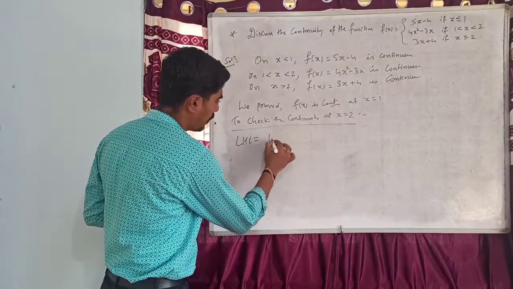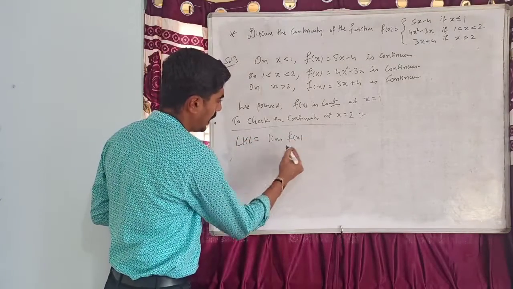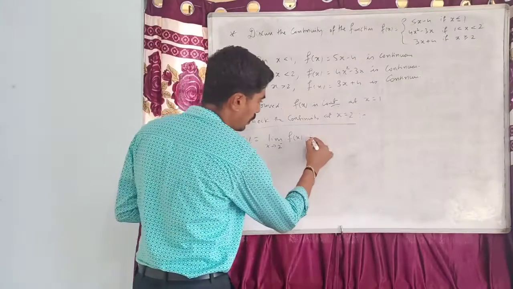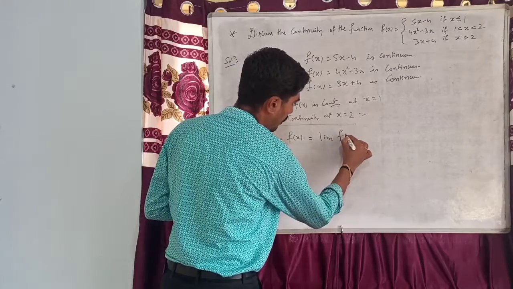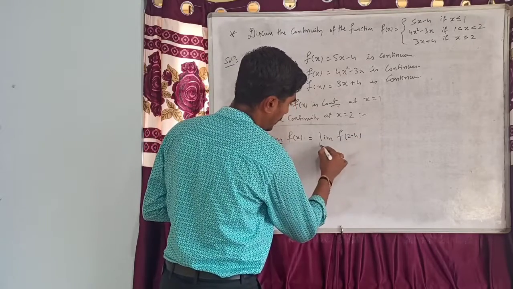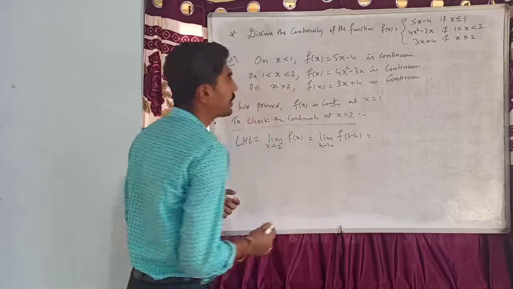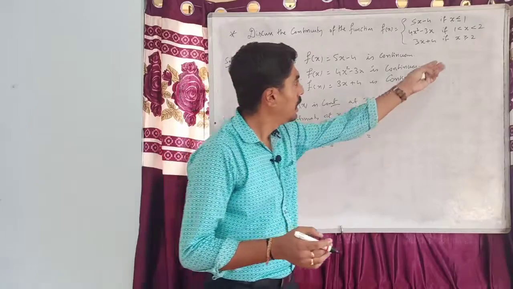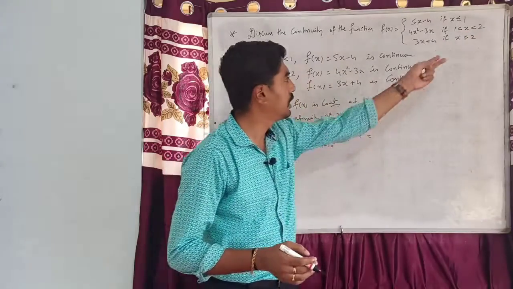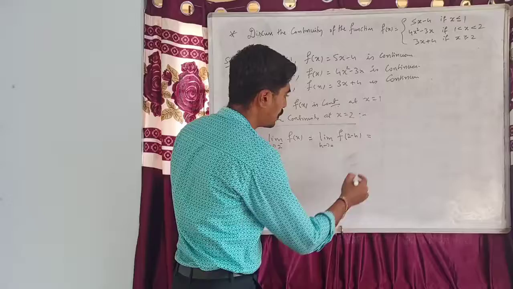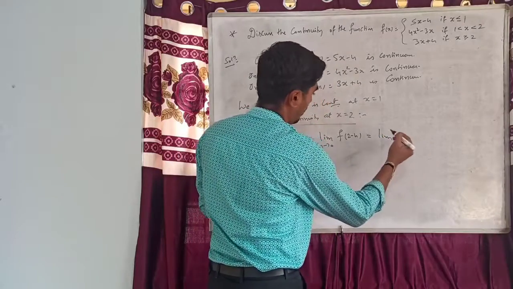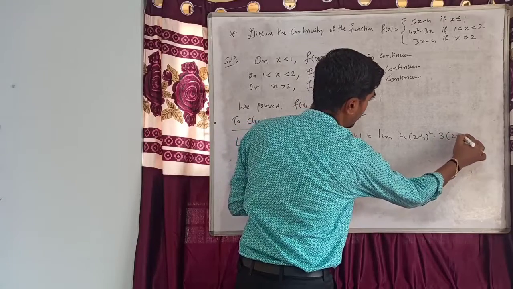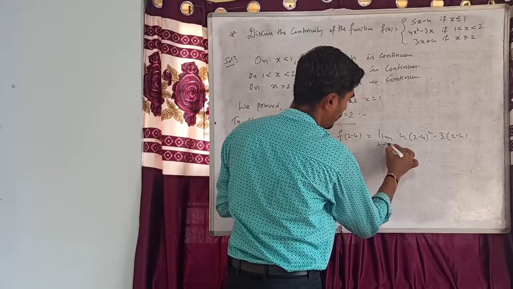LHL is equal to limit of f of x as x tends to 2 minus, which is equal to limit of f of 2 minus h as h tends to 0. By the definition of f of x, since h is so small, this value lies in this interval. So this is equal to 4 into 2 minus h whole square minus 3 into 2 minus h as h tends to 0.